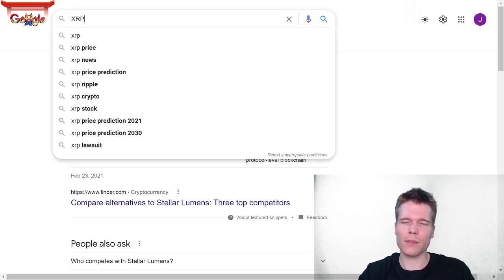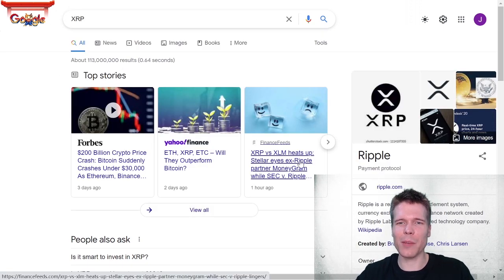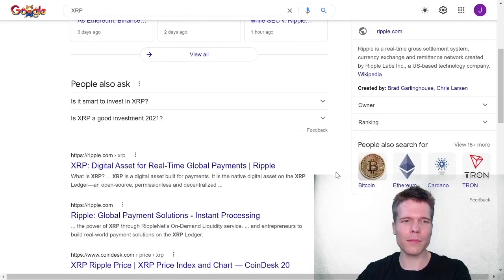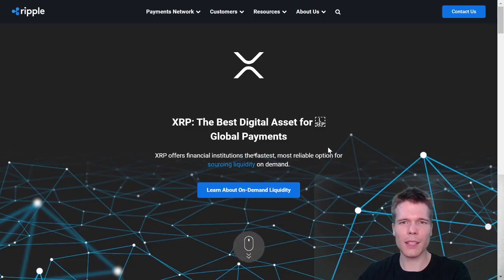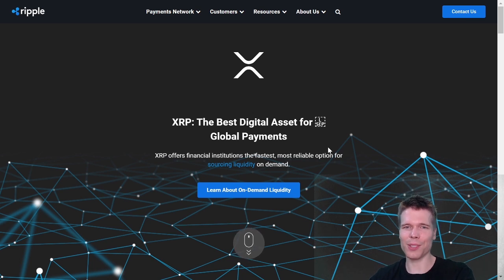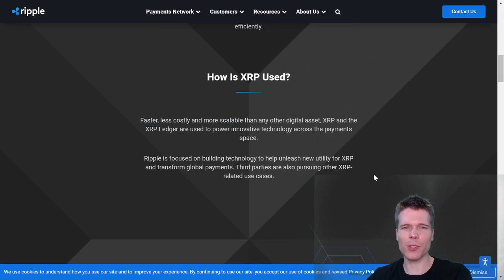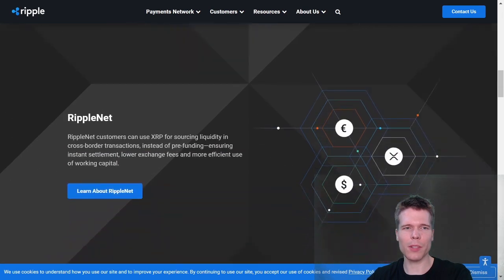XRP. XRP versus XLM heats up. So we know these are real competitors. Stellar eyes X Ripple partner MoneyGram. Another thing we noticed that we can also take a quick look at. All right, let's go to ripple.com. The best digital asset for global payments. They're saying that they're the best. All right, how is XRP used? Okay, but do they do the same thing?